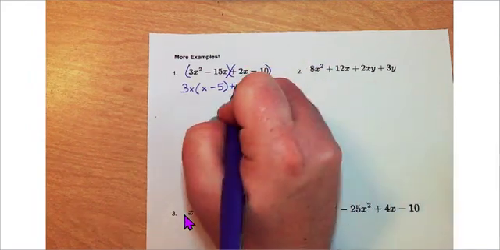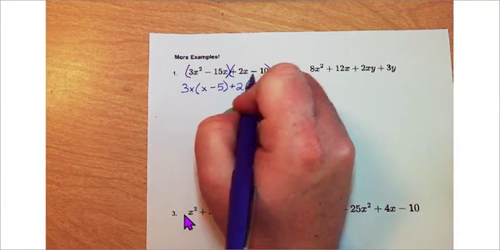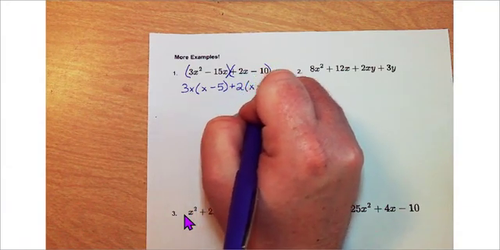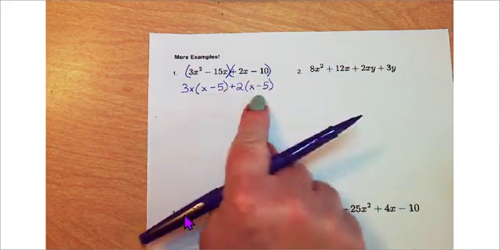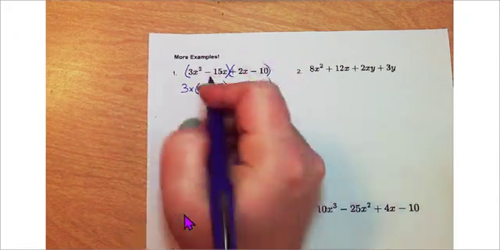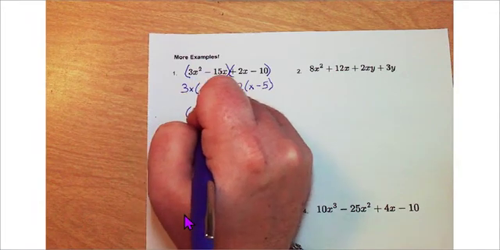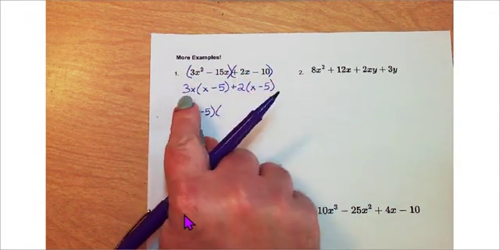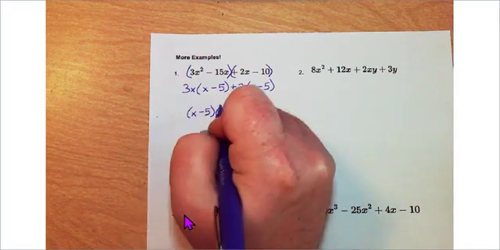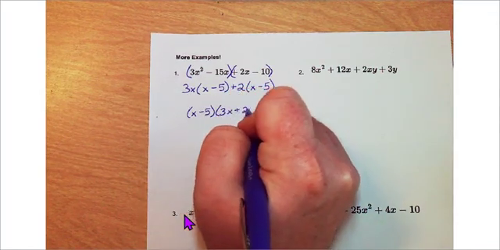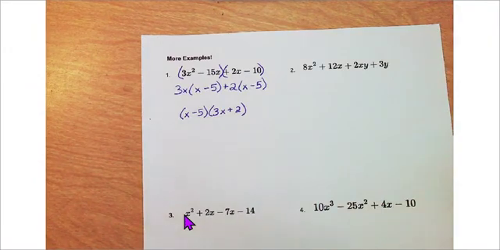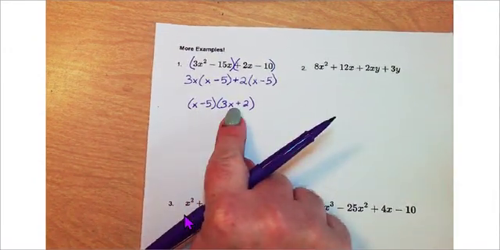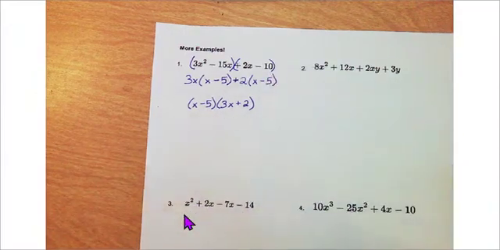For a 2 and a 10, it's just a positive 2. So that would leave me with an x minus 5. Again, ding ding, same factor. I'm going to factor it out, and then I'm left with what's outside, 3x plus 2. Again, you can go back through and recheck that you're getting the same answer.